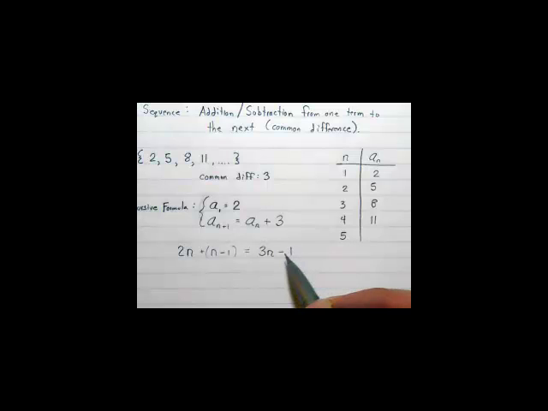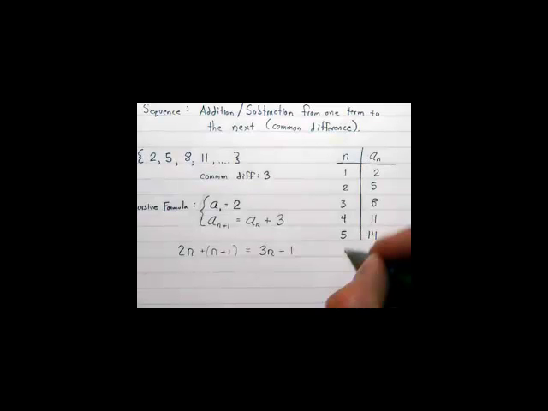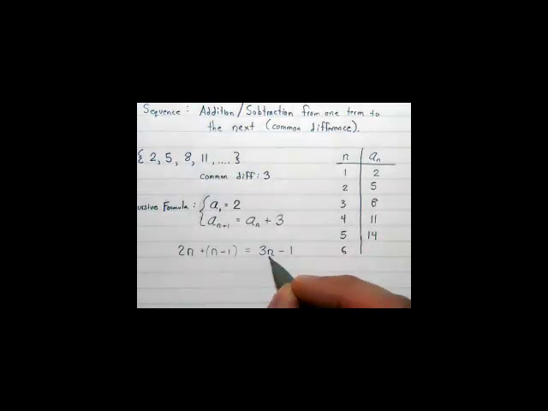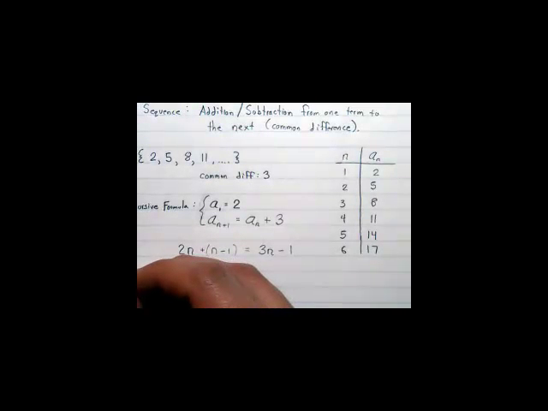So I put a 5 into here. 3 times 5 is 15, minus 1, 14. Does that fit the pattern? Yeah. So if I did a 6, 3 times 6 is 18, minus 1, 17. It looks like we got something that works. So this would be our explicit formula.